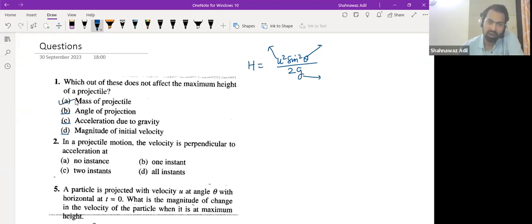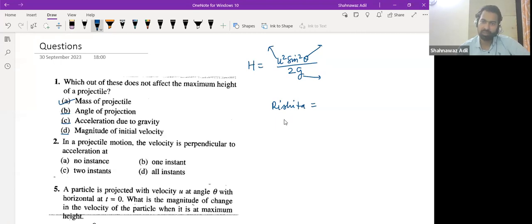Good. Now, in a projectile motion, the velocity is perpendicular to the acceleration at no instant, one instant, two instants, or all instants. What would be the option? You guys draw the diagram, right?